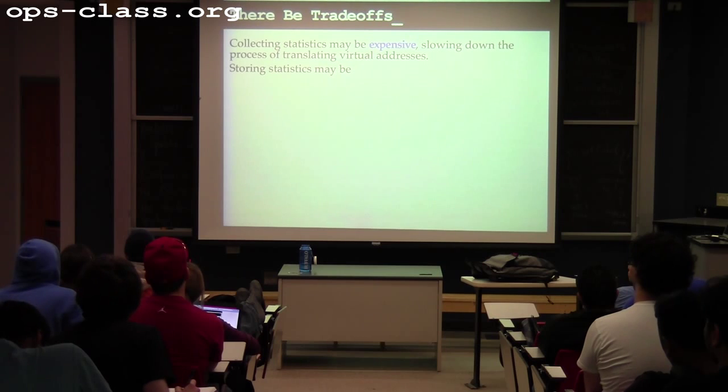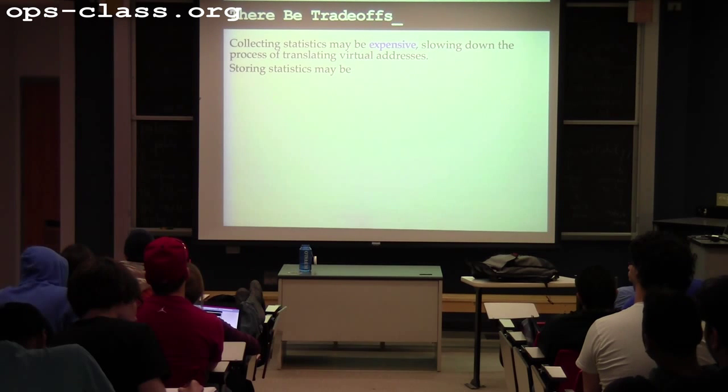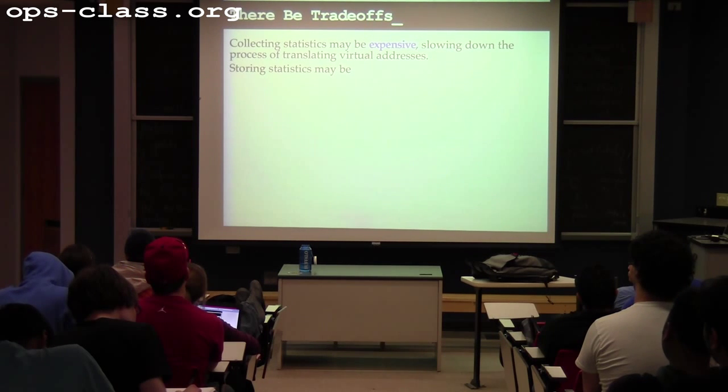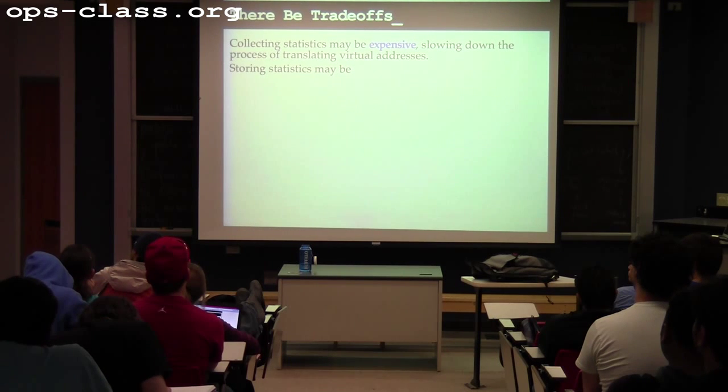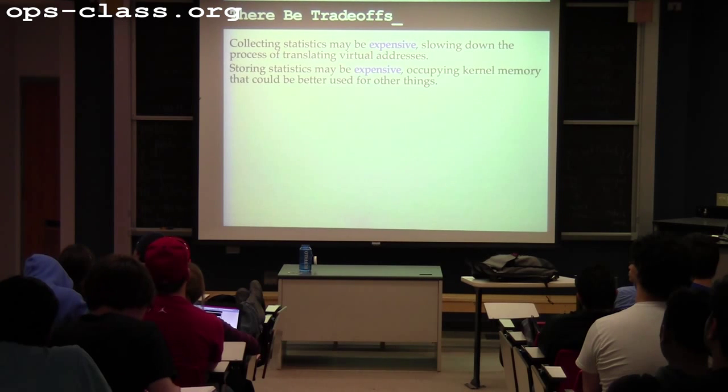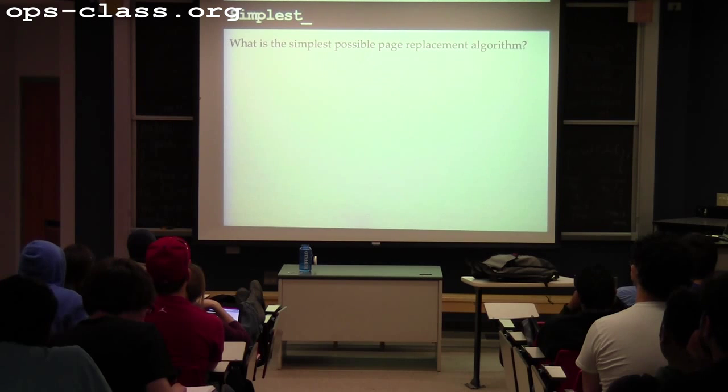But keeping track of that state and having to bump a counter every time the page is accessed is a problem. Remember, we wanted that access to be fast: one lookup in the TLB and boom, right onto the memory bus. Now you've got additional circuitry, some sort of counter somewhere. Not necessarily the greatest idea. And storing statistics competes with memory for other stuff.